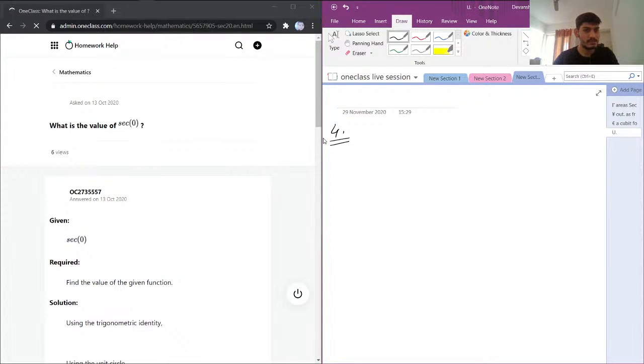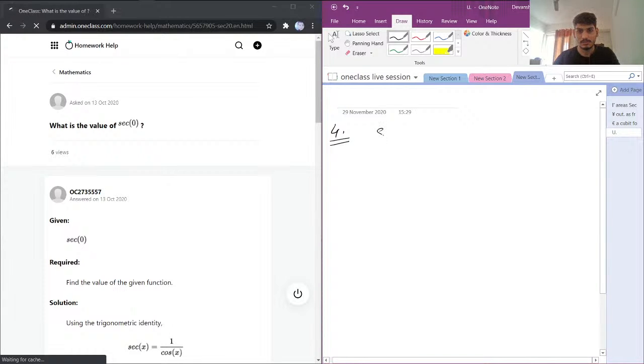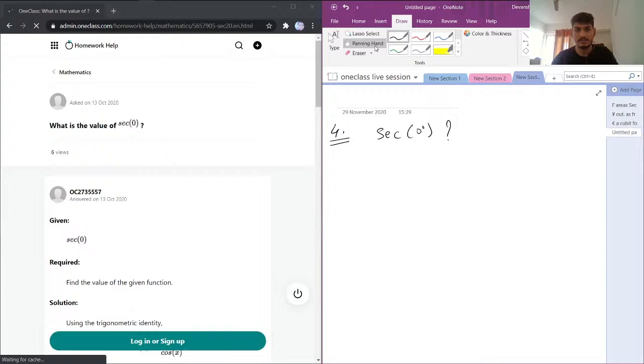So what is the value of secant of 0? We need to find secant of 0 degree. It can also be in radians.